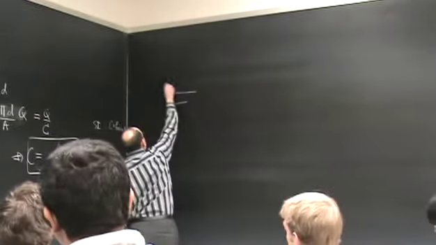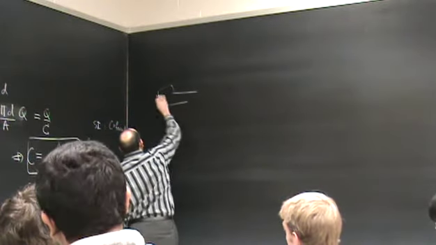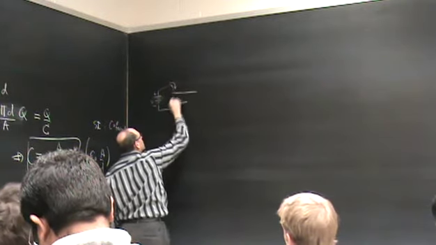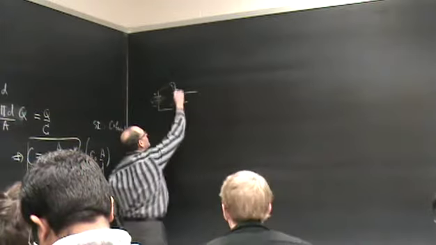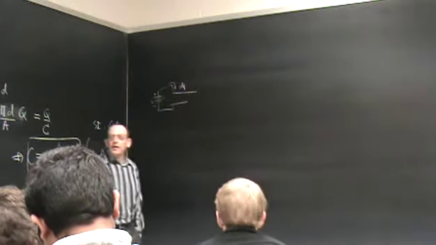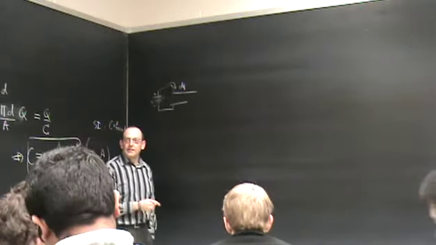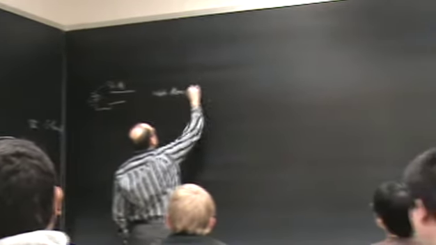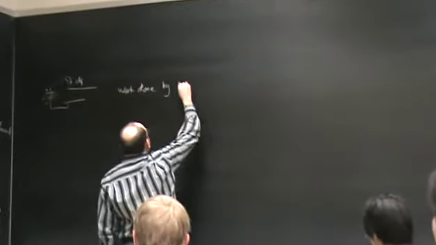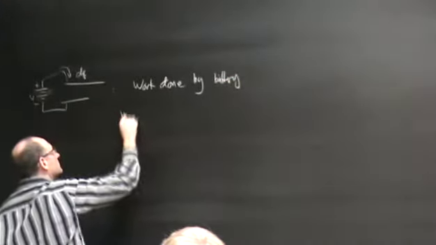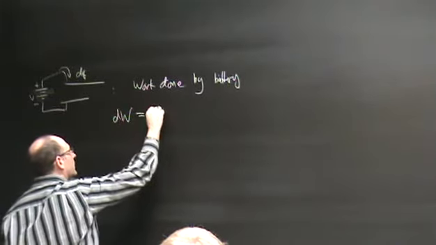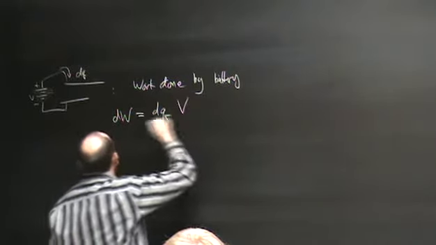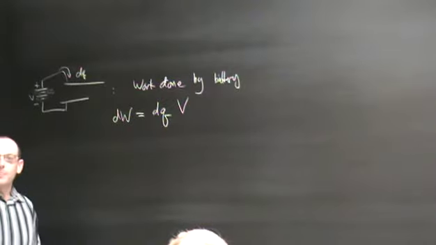If I have the parallel plate capacitor, as I'm charging it up, moving a little bit of charge dq from the other plate onto this plate, the work done moving a little chunk of charge dq is the potential difference it has to move against.